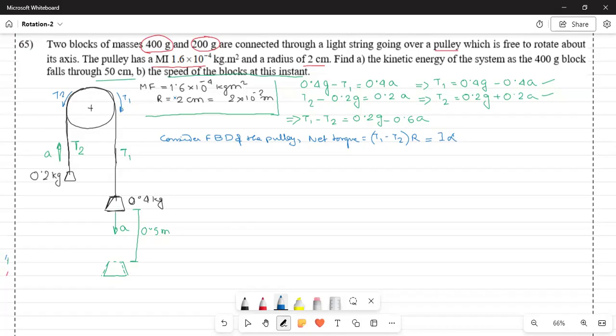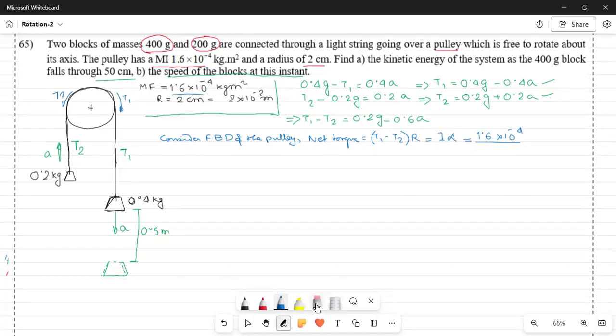Find it, moment of inertia is given here. So I is given as 1.6 multiplied by 10 to the power minus 4.